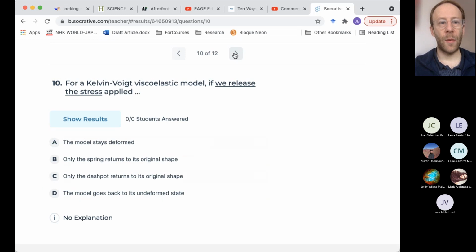And what about if after we apply some stress for some time, we release the stress that we applied to the model? What's going to happen? Here there is only one correct answer.